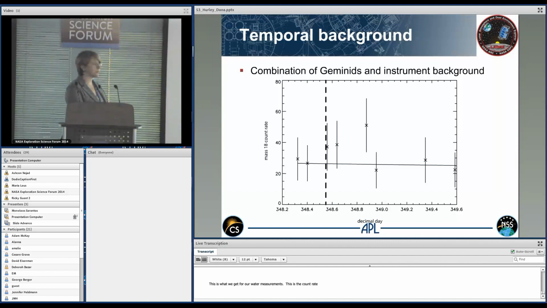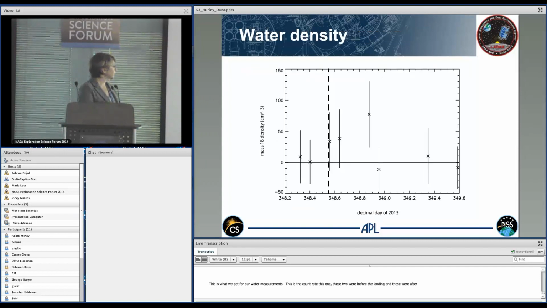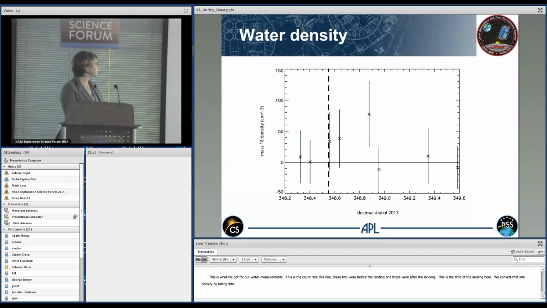This one, these two were before the landing, and these were after the landing. Here is the time of the landing right here. We convert that from count rate into density by taking into account the instrumental effects, and we normalize for the known time varying background of the instrument.